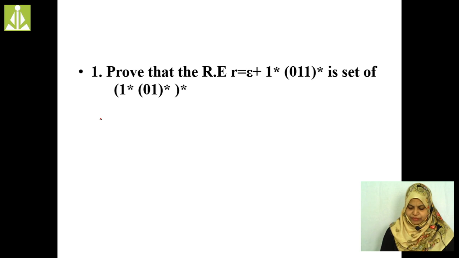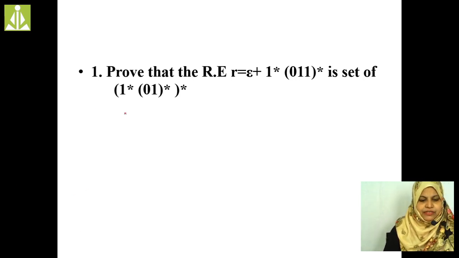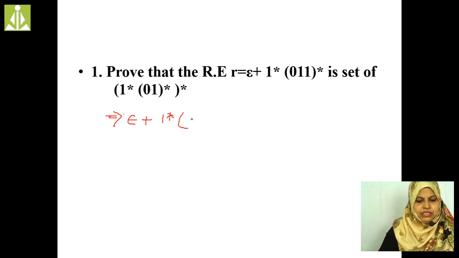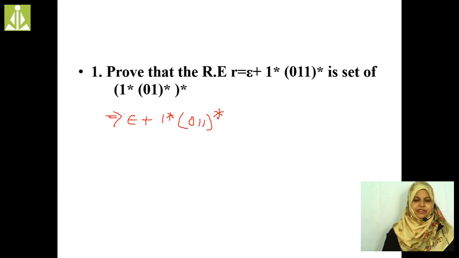Now I have to simplify this regular expression by using the identity rules and Arden's theorem. First, my regular expression is epsilon plus 1 star (0 1 1) whole star.